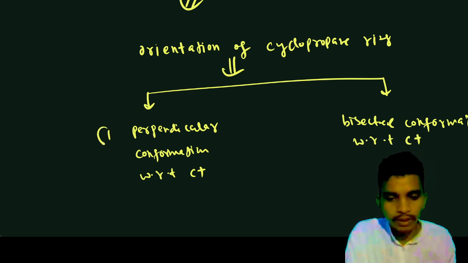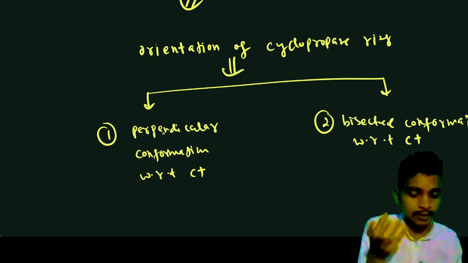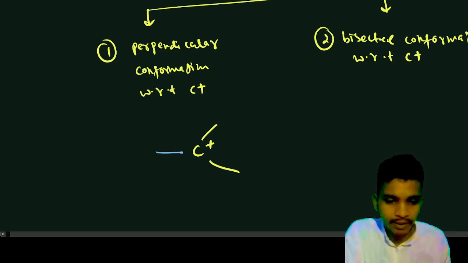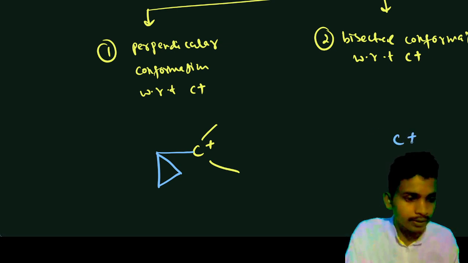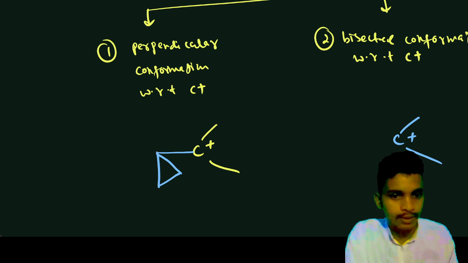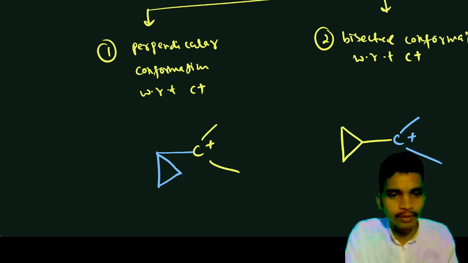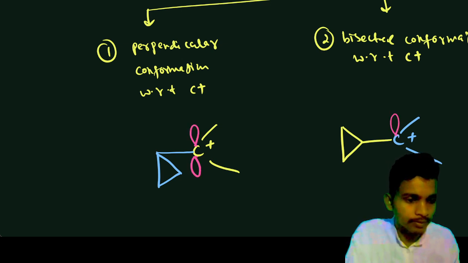So there are two types of orientations possible for the cyclopropane ring. Perpendicular in the sense, let's say we have the carbocation here, and the cyclopropane ring is in this manner. The bisected means the carbocation is here, and the ring is in this manner. Here the carbocation has a vacant p orbital, and here also a vacant p orbital is there.